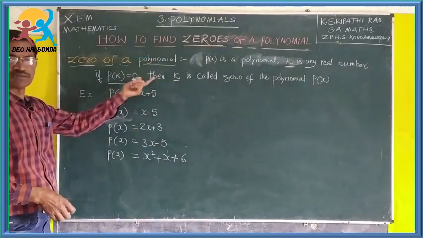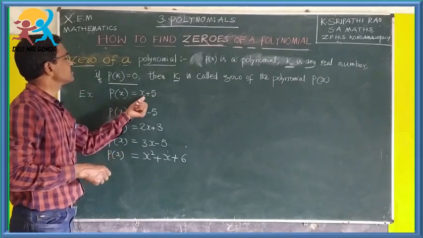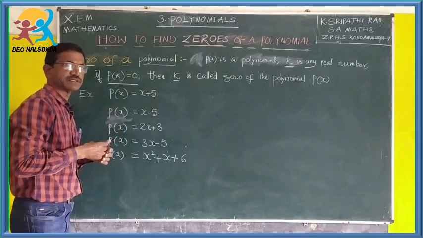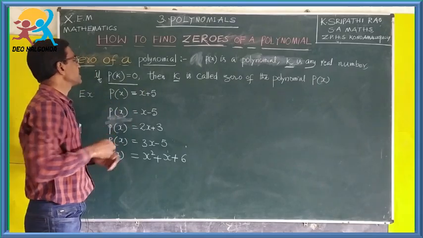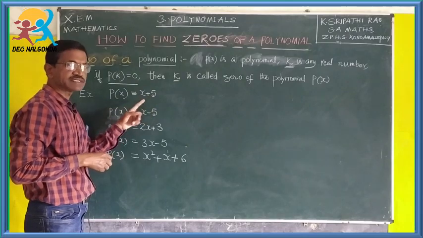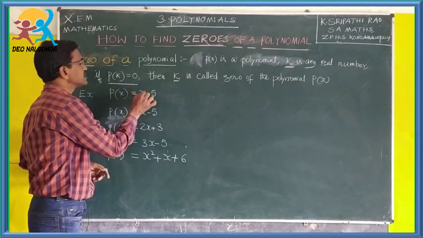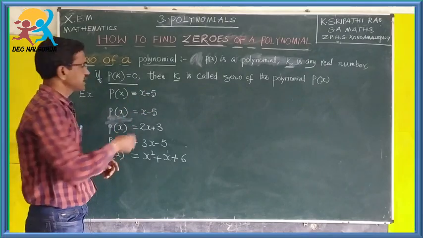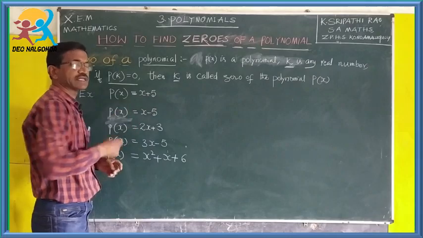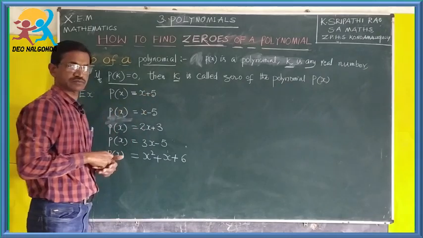Let us understand this concept by taking some examples. If p of x is equal to x plus 5, this is a polynomial. What is the 0 of the polynomial? Which number is to be substituted here to get 0? You can say easily, plus 5 is there, the additive inverse of plus 5 is minus 5.